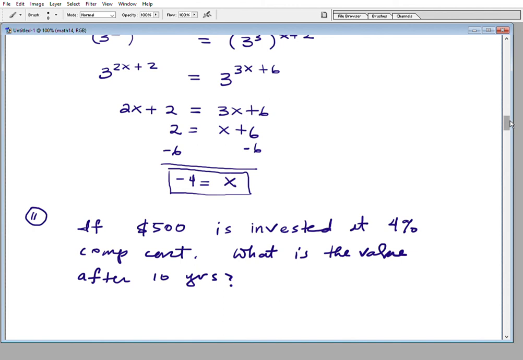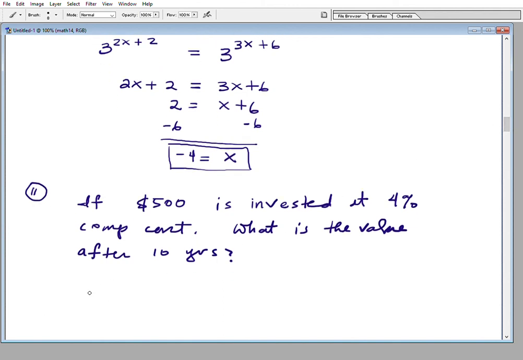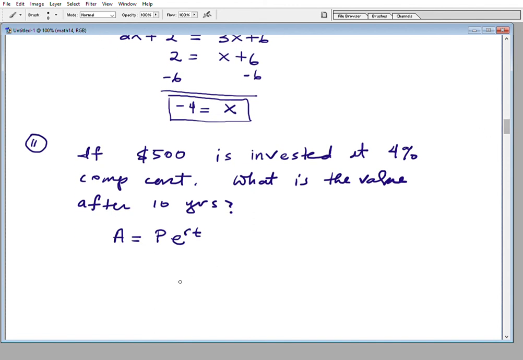Okay, all right, so this is the formula that we use for continuously compounded. So we want to figure out what A is. P is the initial. The rate is 0.04. And the time is 10 years.